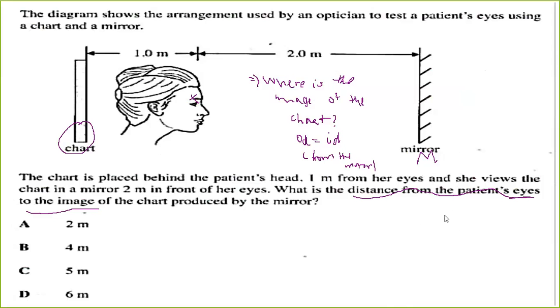All right. How far is the chart from the mirror, first of all? That is our object distance. How far is the chart in front of the mirror? That gives you your object distance. So if the object distance is 3 meters, then what is the image distance?